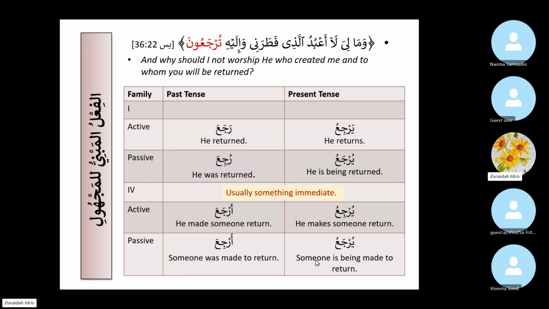There's nothing additional to this. It's not like you want to force someone to return or something. This is something that will happen. Whether you like it or not, it will happen. You will be returned to Him. So we just stick to the original mujarrad meaning. No need to use 4. And this is why this is taken to be family 1, not family 4.